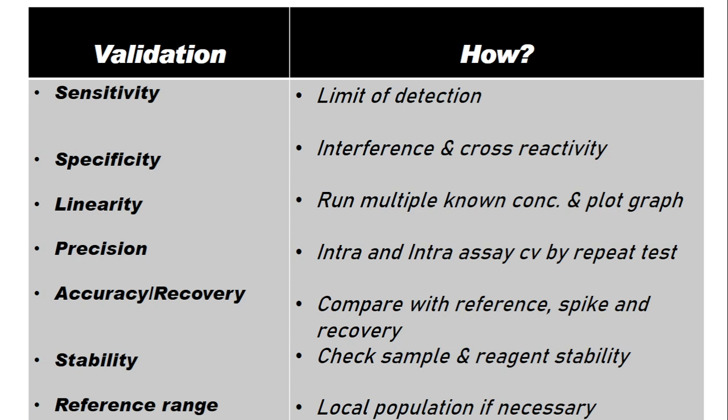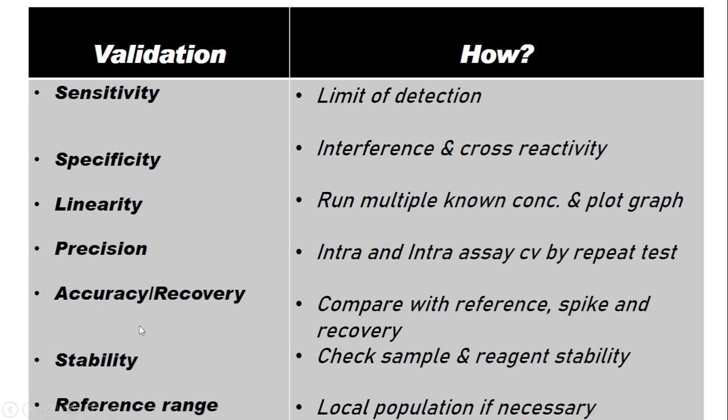For linearity, multiple known concentrations from low to high should be run and a graph is plotted. And for precision, repeat the test across the day and operators to get the desired CV. For accuracy, compare your result with a reference method and lab.